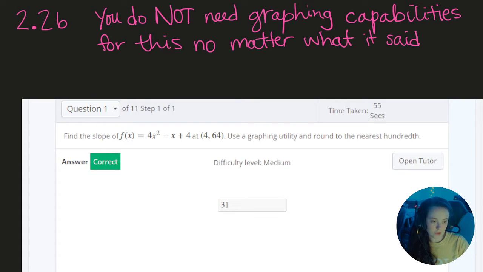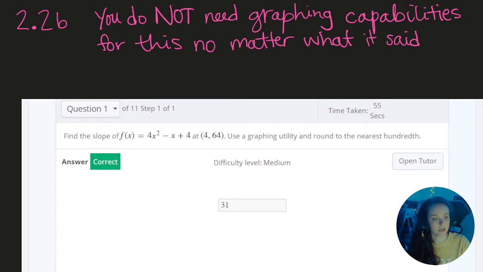This was like the first thing it gave me on the Certify. I didn't know what the heck this meant. I totally faked it through this the first time, which is probably what everybody did, honestly. Okay, but I'm going to show you how to solve it, just like we've been doing, and that's awesome.